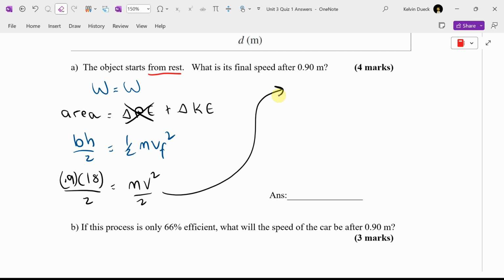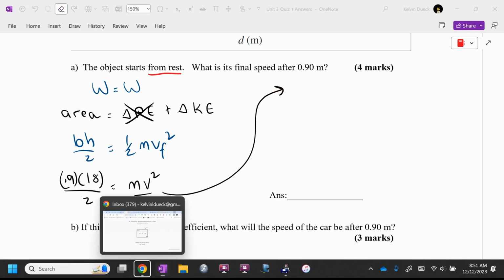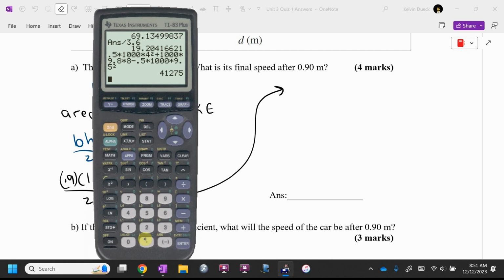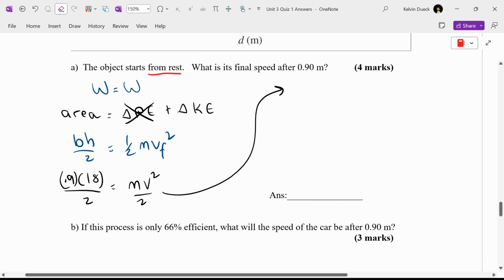Let's see. We're going to have 0.9 times 18 divided by 2. I think 8.1 joules is how much work was done. That's going to be mv squared over 2, or 0.5 mv squared. So if I want to find v, it's going to be times by 2 or divide by a half.